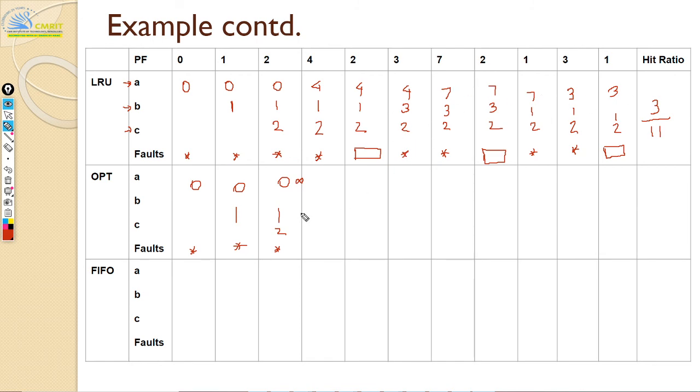Then for 1, you have some finite distance: from here it's 1 2 3 4 5, so the distance is 5. And for 2 the distance is just 1. So you'll take the maximum distance. 0 has the maximum distance, so you will replace 0 with 4. 4 1 2, and then you'll have a fault.